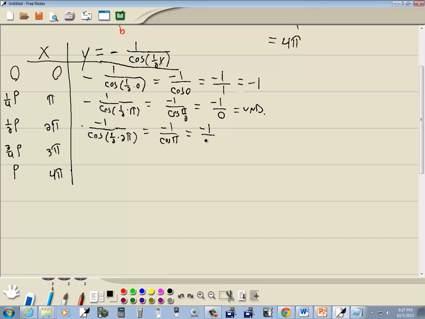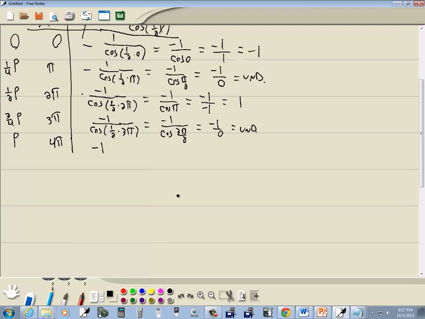And cosine of pi is equal to negative 1. So negative 1 over negative 1 is a positive 1. For 3 pi, I'm going to have cosine of 1/2 times 3 pi, which gives us negative 1 over cosine of 3 pi over 2, which is negative 1 over 0, which is undefined. And then this is back to our starting place, so that's back to negative 1.